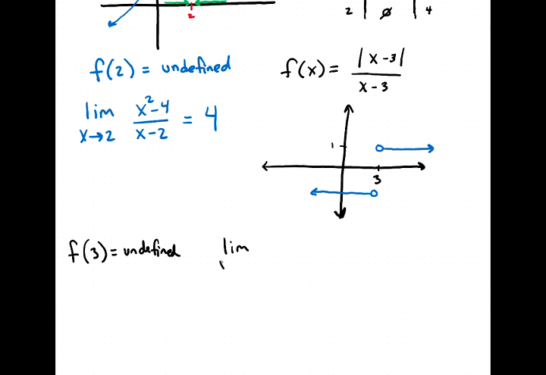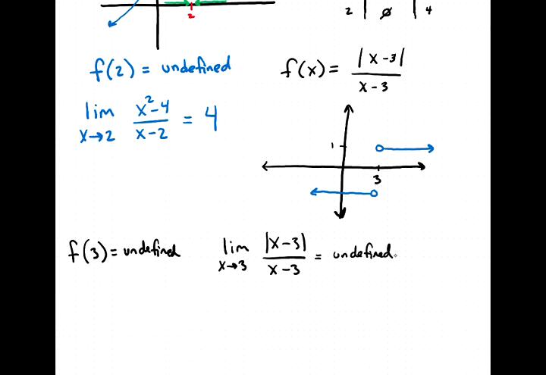But the limit as x is approaching 3 of the absolute value of x minus 3 over x minus 3 is also, in this case, undefined.